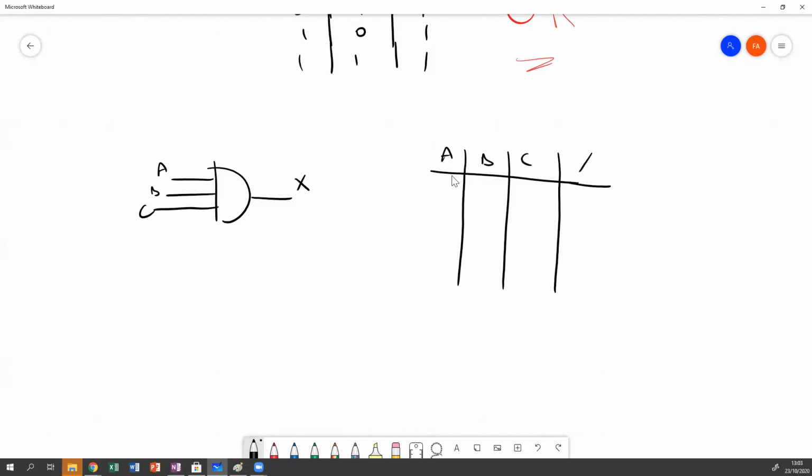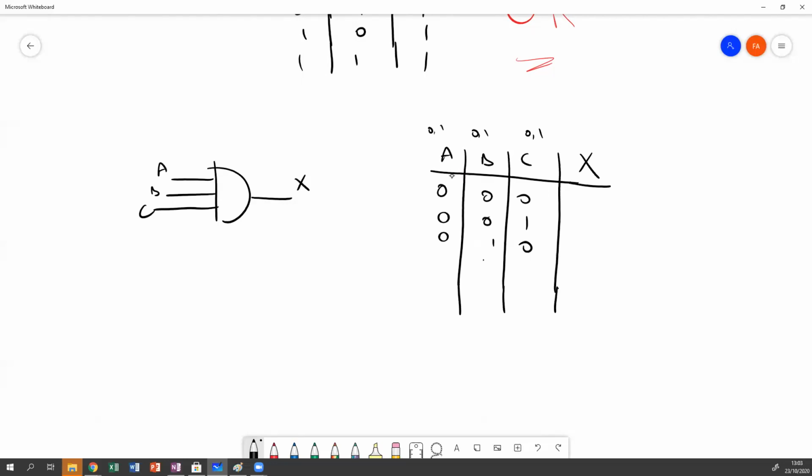Because each of them can be 0 or 1. 2 options for this, 2 options for that, 2 options for the other, 2 times 2 times 2 is 8. All of them are 0. When only A is 0. Another permutation, let me write all of them for you.